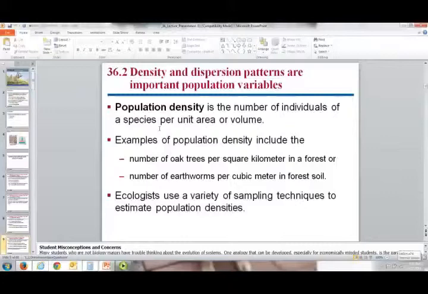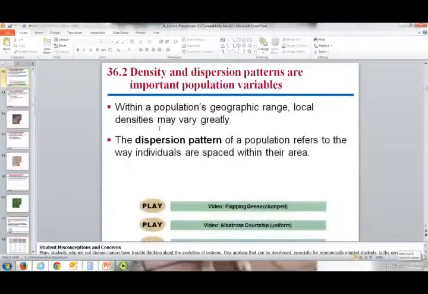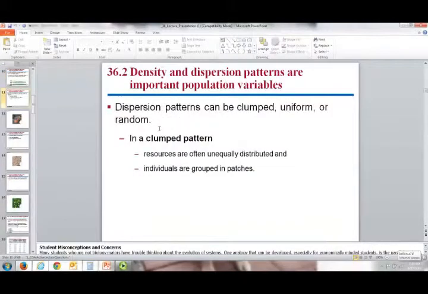When you're looking at population density, ecologists have to have ways of estimating population densities. Within the population's geographic range, local densities may vary greatly. You have to look at the dispersion pattern and how the individuals are spaced within their area. They can be clumped, uniform, or random.